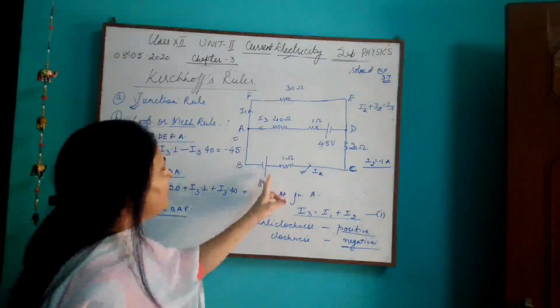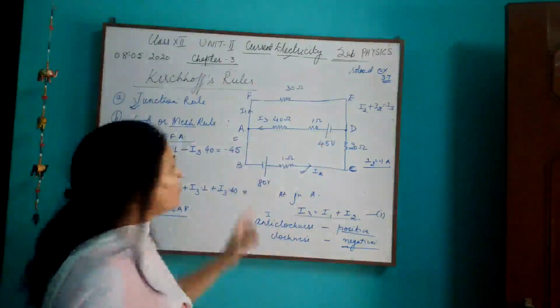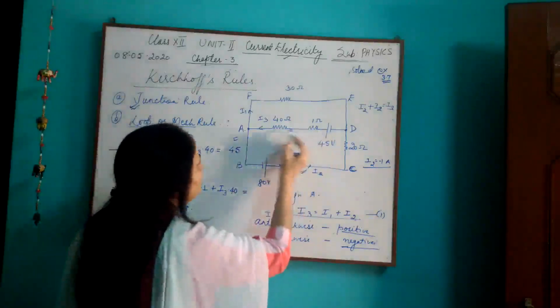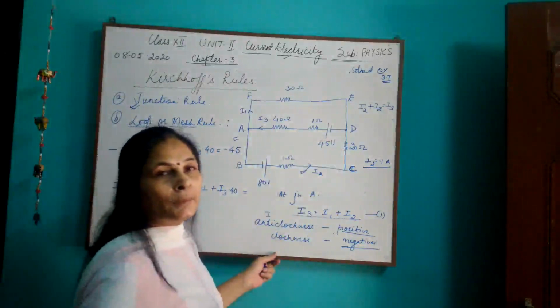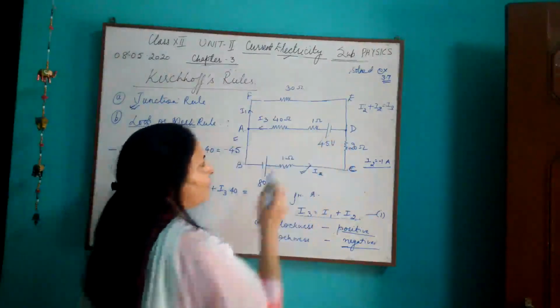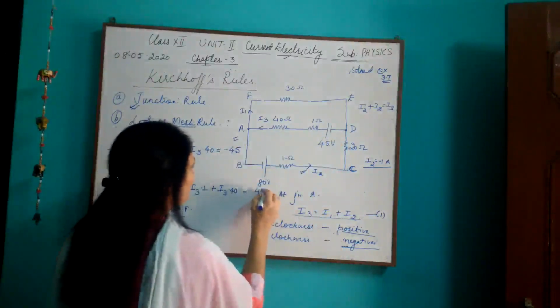How many sources of potential difference? 1 and 2. See. So as we did in the first part, move from the positive to the negative terminal. How is this? Anti-clockwise. Positive 45.